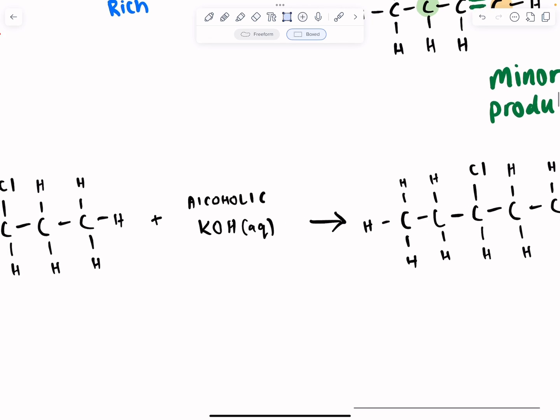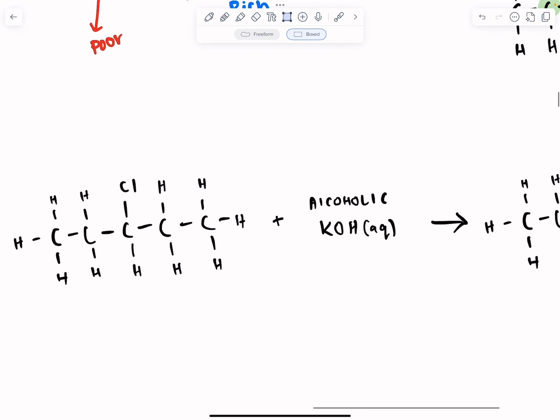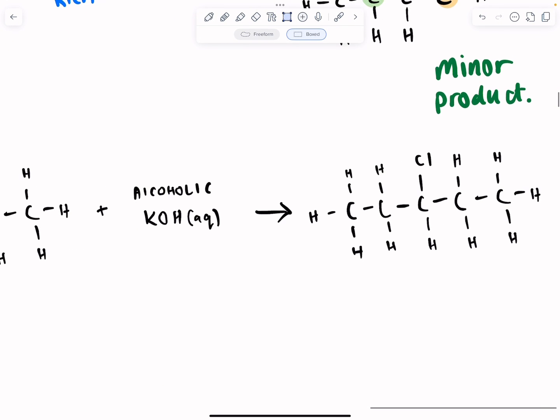And so, because this is an elimination reaction, when we react this haloalkane with alcoholic KOH, we can get rid of this chlorine, and now we've got this bond that can go 2 ways. It can either go this way or this way. Let's see what happens. I'm going to make it go this way.